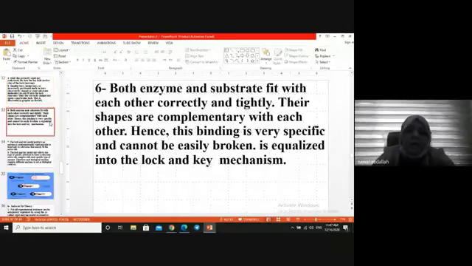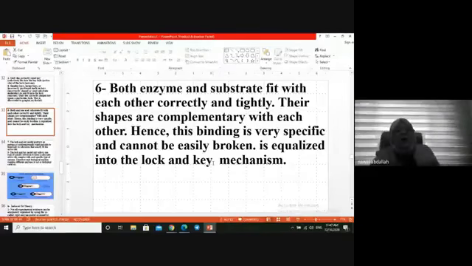Both enzyme and substrate fit with each other correctly and tightly. Their shapes are complementary with each other, hence their binding is very specific and cannot be easily broken. This is equated to the lock and key mechanism.